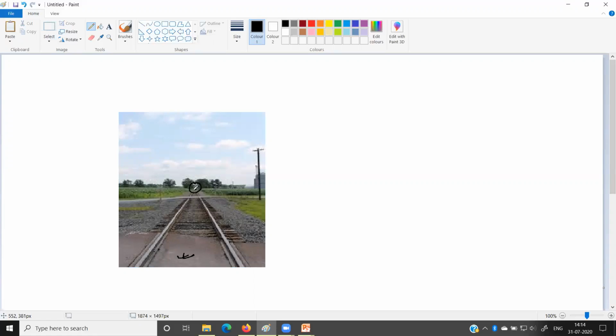Fine. This is called the point where these two lines appear to meet each other, but which is not real. So this point is basically called the vanishing point.